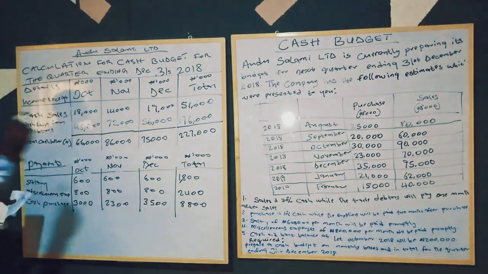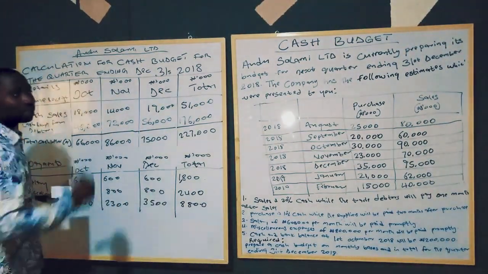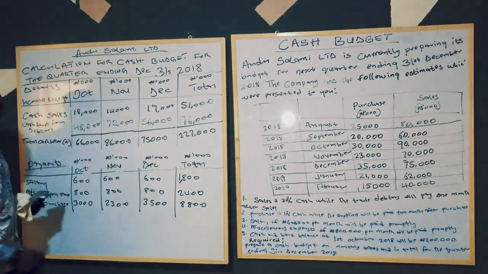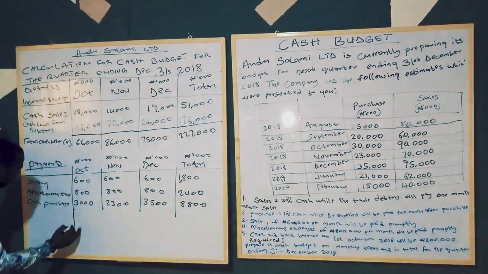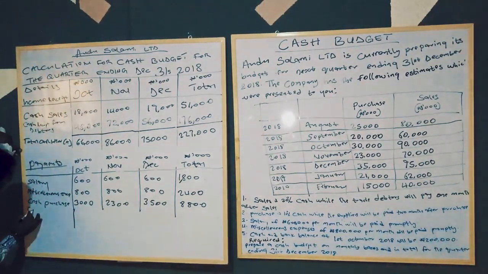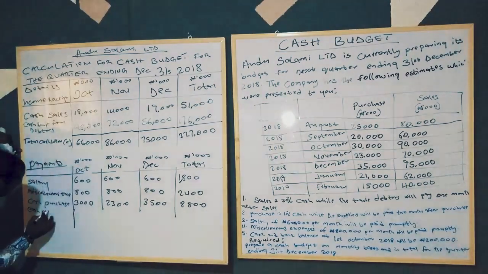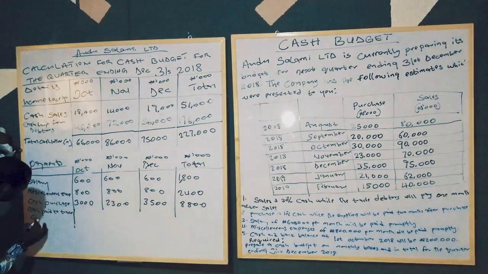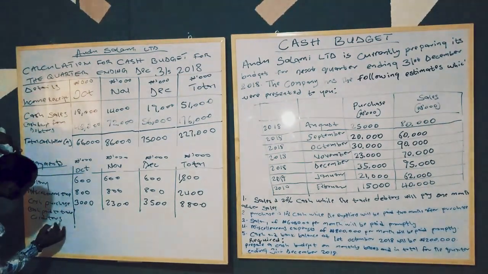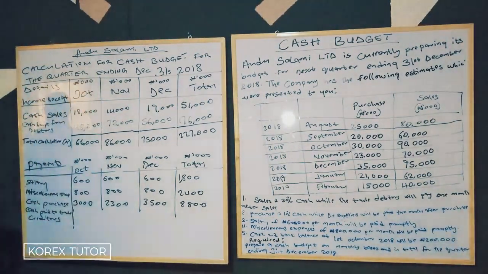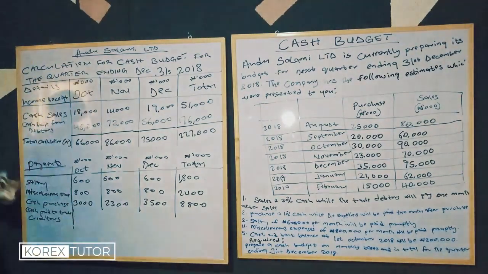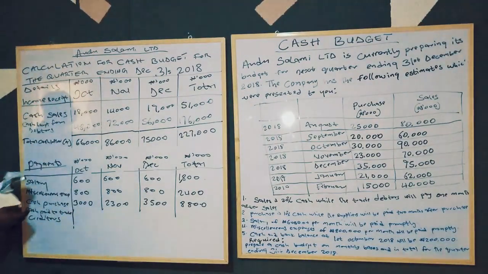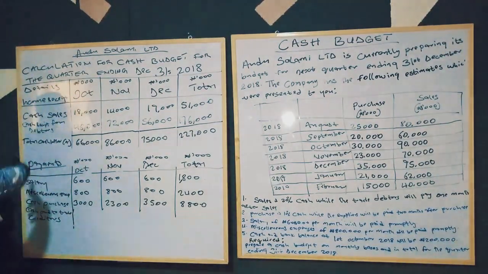That is the money we pay to our supplier that sold to us on credit. So we say cash pay to trade creditors. Normally, if you put credit purchase, it still means the same thing. I just do it this way to make it more understandable.